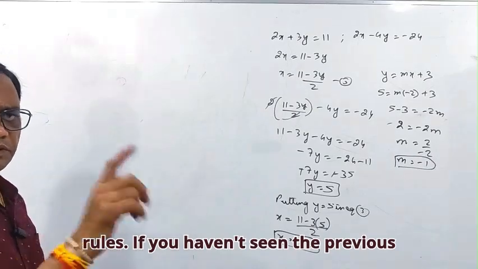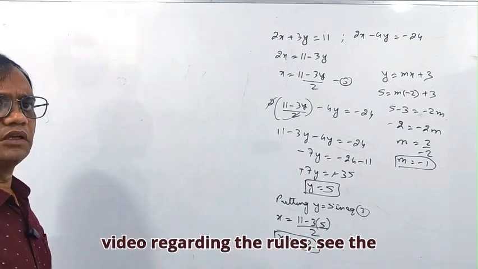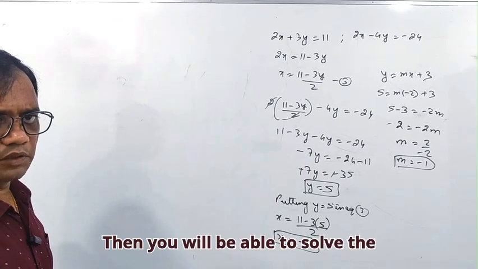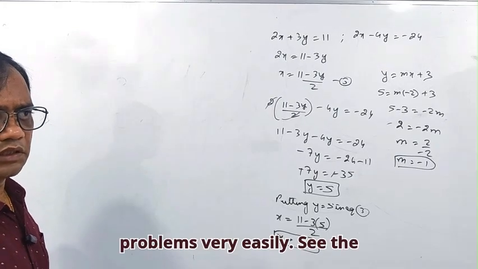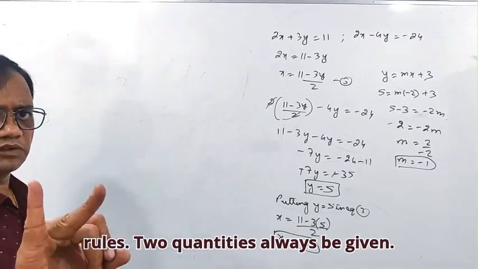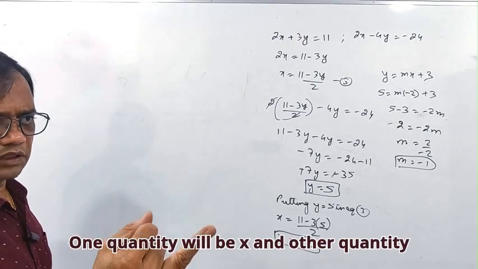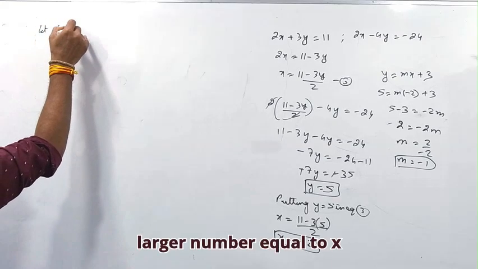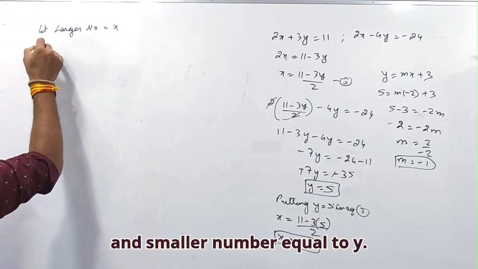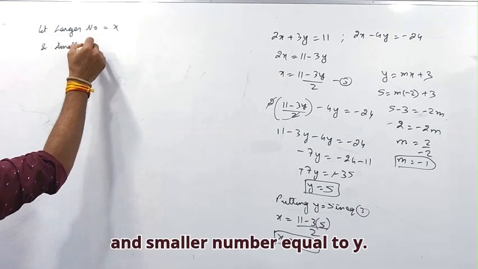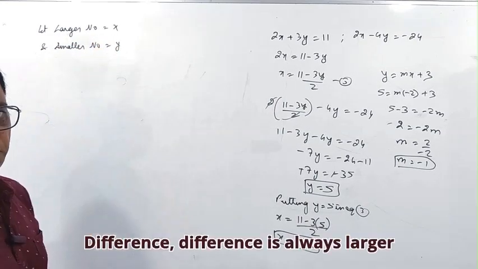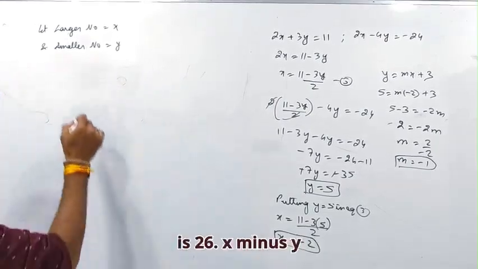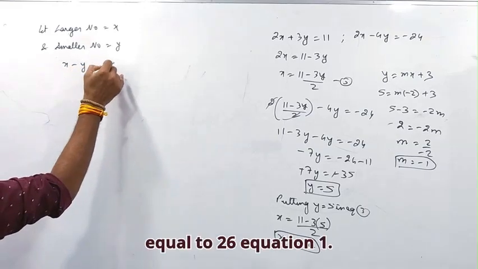If you haven't seen the previous video regarding the rules, see the previous video first, come back to that. Then only you will be able to solve the word problems very easily. See the rules. Two quantities will always be given. One quantity will be x, the other quantity will be y. Let the larger number equal x and the smaller number equal y. Difference is always larger minus smaller. So difference is 26. x minus y equal to 26.